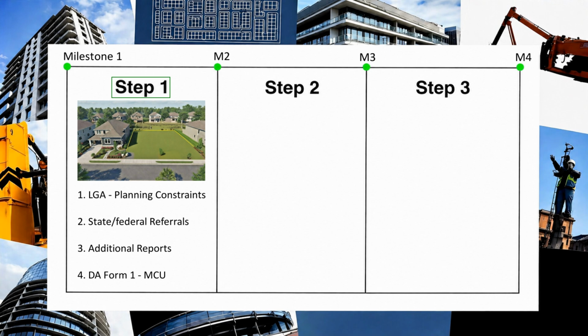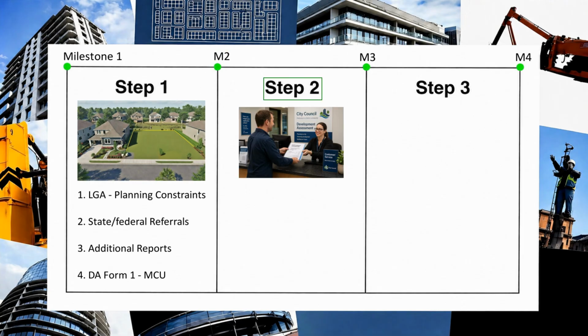Have landowners' consent and title search, contaminated land certificate, and attach a town planning report demonstrating compliance with all applicable assessment benchmarks, including design plans and any other statutory requirements. This completes step 1 to reach milestone 2, which is the submission of a completed development application.